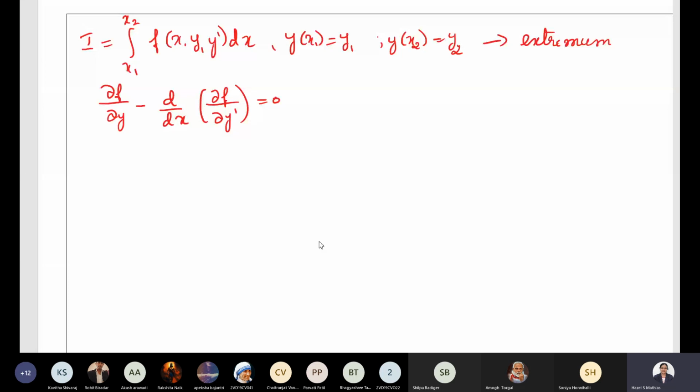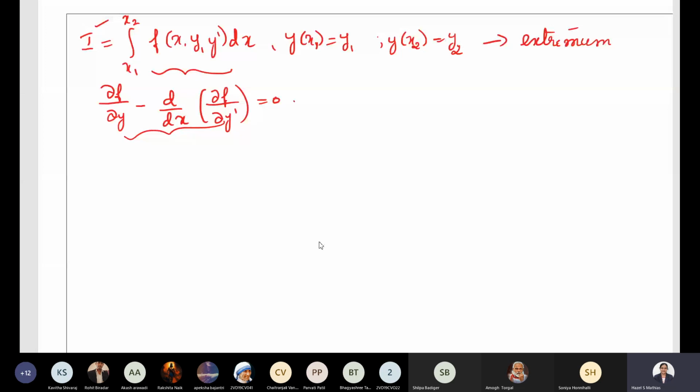It gives us the necessary condition for the integral or the functional. This is the integral, which can also be termed as functional, with the conditions y of x1 equal to y1 and y of x2 equal to y2. With these conditions, if this integral achieves the extremum, then it must satisfy this condition.